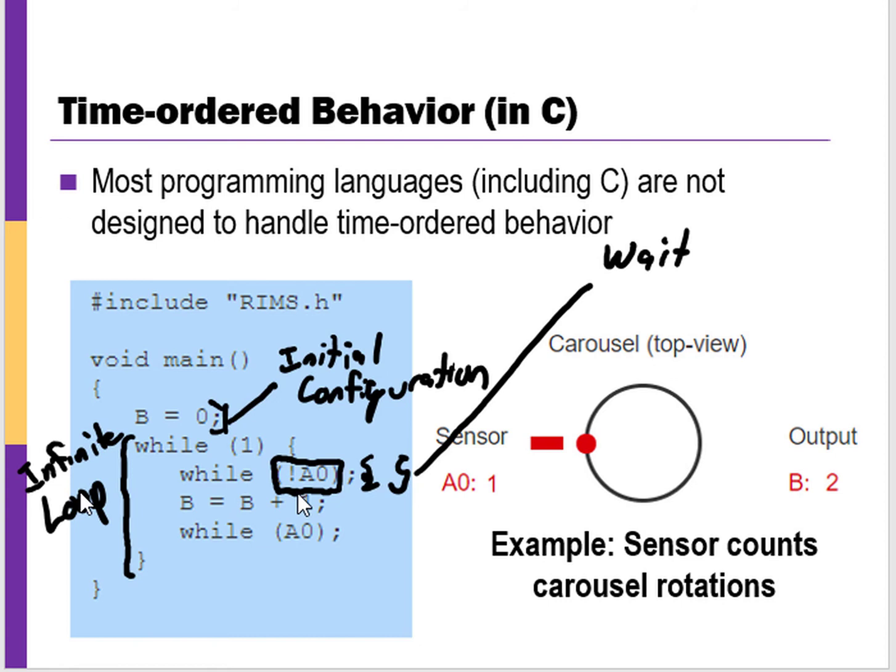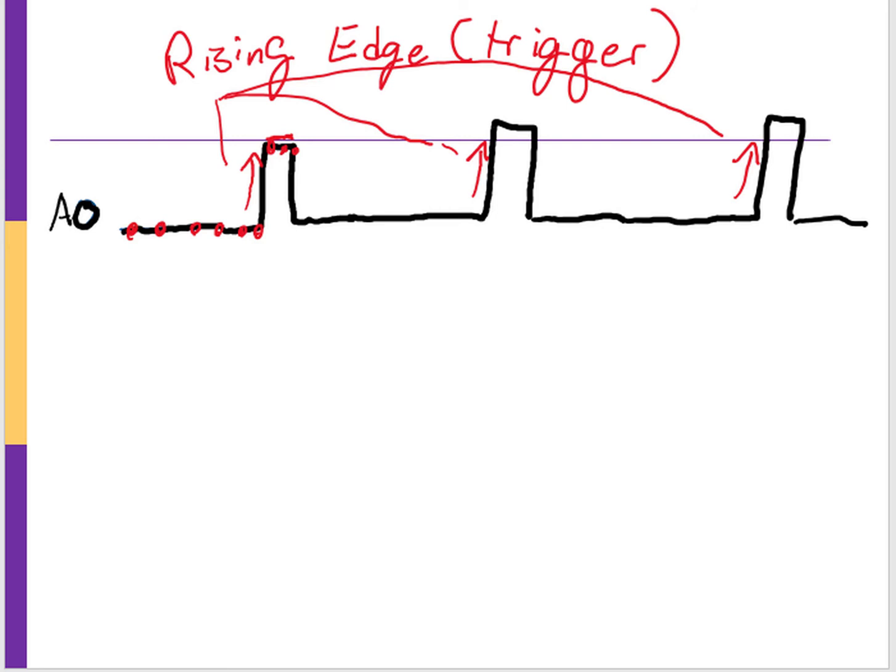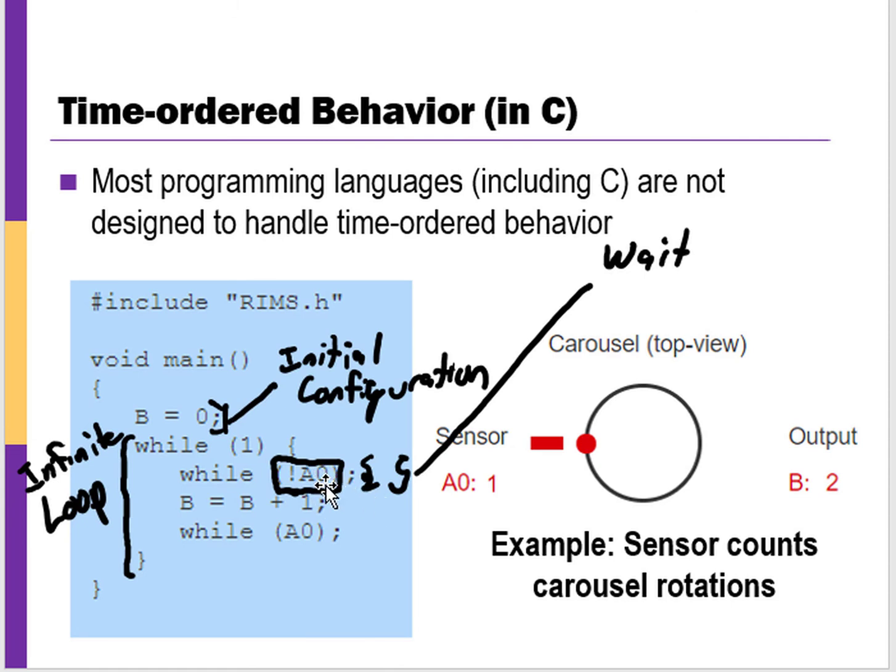It will leave that while loop as soon as A0 is 1. It effectively leaves at the rising edge, when A0 goes from an input of 0 to 1. The moment A0 becomes 1, then not true is false, and we leave that loop.